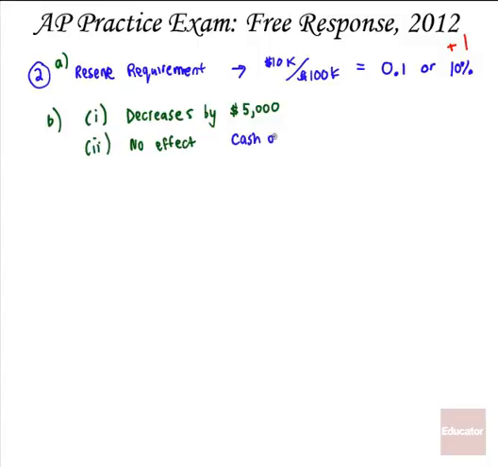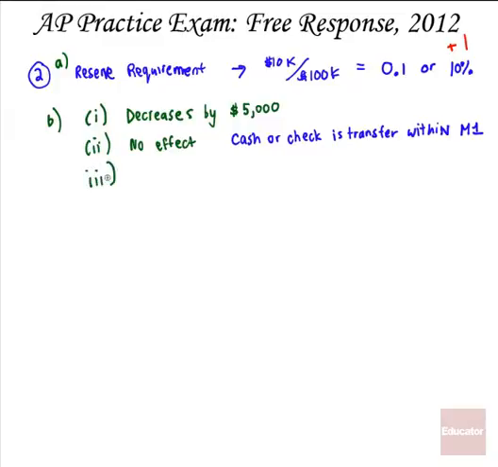Cash or check is just a transfer within M1, so there is no increase or decrease of M1. It's like an intramural exchange rather than an intercollegiate exchange, within M1. So when you withdraw cash, there's no impact on the money supply. And if you deposit cash into a checking account, it's the exact same thing. There's no change in the actual money supply.